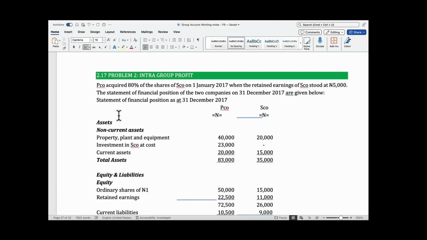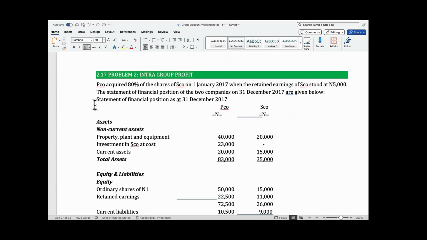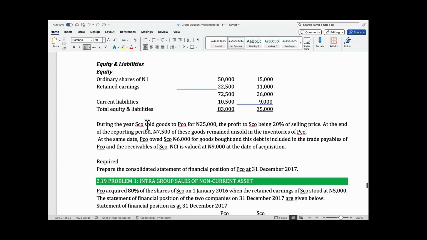They also tell us that ESCO sold goods to Pico for 25,000, the profit to ESCO being 20% of selling price.